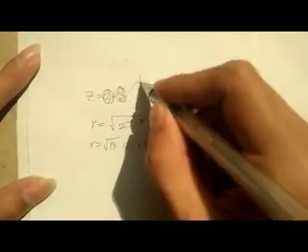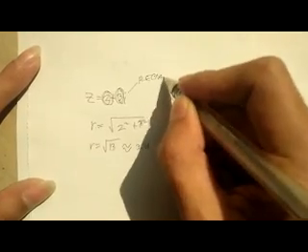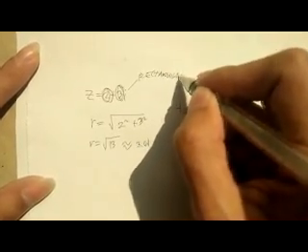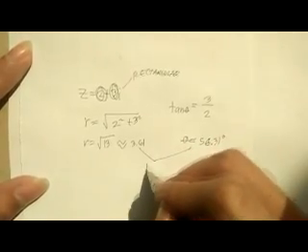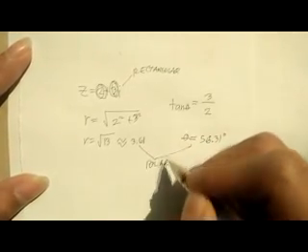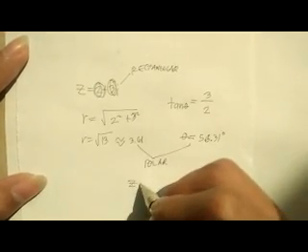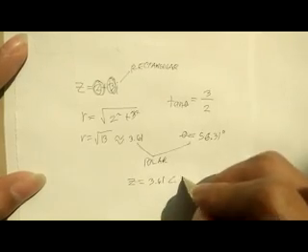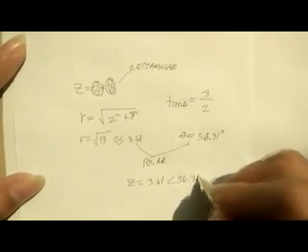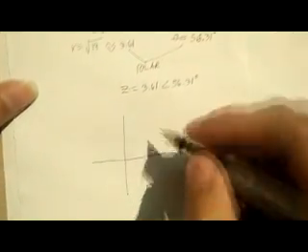So from rectangular, now combine these two and it will become polar, and we have this answer: z is equal to 3.61 angle 56.31 degrees.